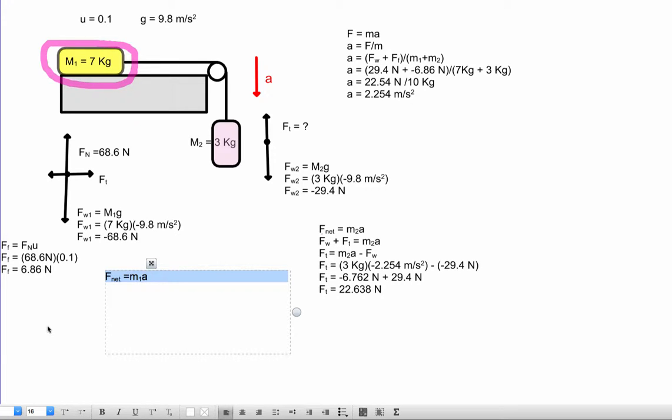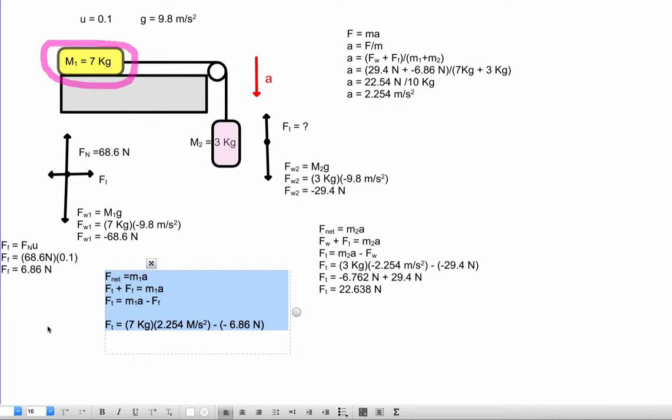This time we're using M1, the 7 kilogram mass. The net force is made up of two forces, the tension from the string and the force of friction in the opposite direction. Now, tension is equal to mass times acceleration of that mass minus the force of friction.